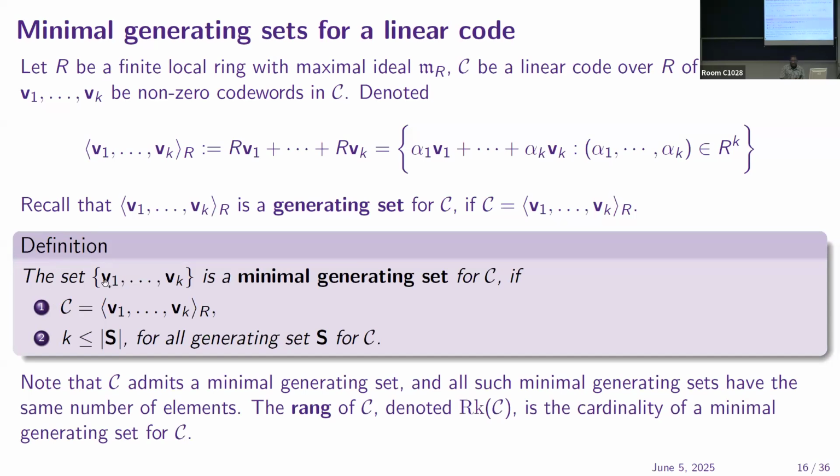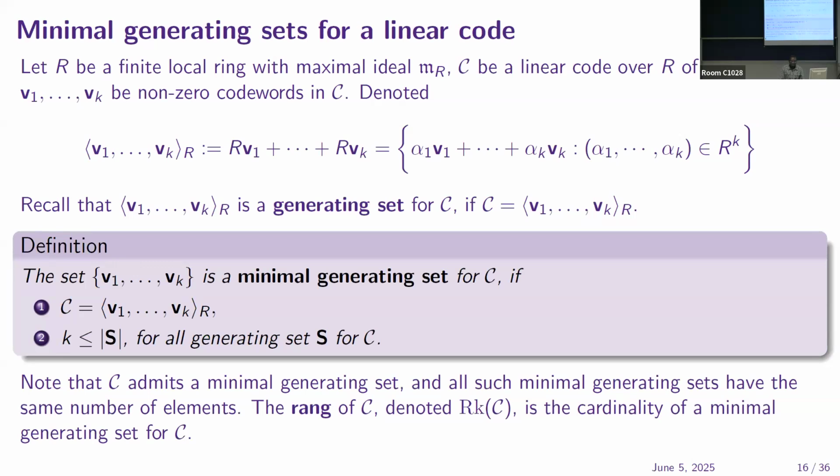Definition: the set v1, ..., vk is the minimal generating set for C if C is generated by the vi, and for any generating set for C, the cardinality is greater than or equal to k. K is the number of the minimal generating set.